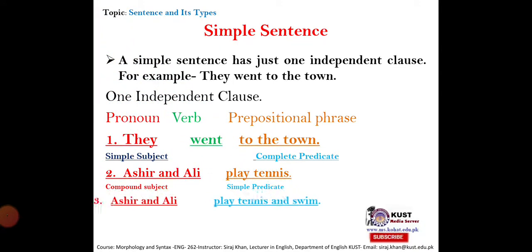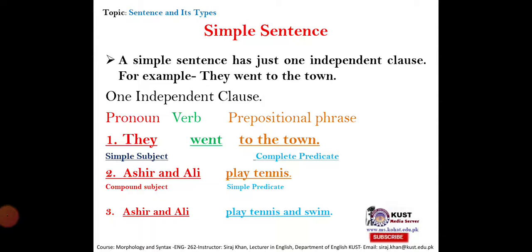Now we can have a sentence with compound subject and a compound predicate, like Ashir and Ali play tennis and swim. We have got a compound subject Ashir and Ali with a compound predicate play tennis and swim.